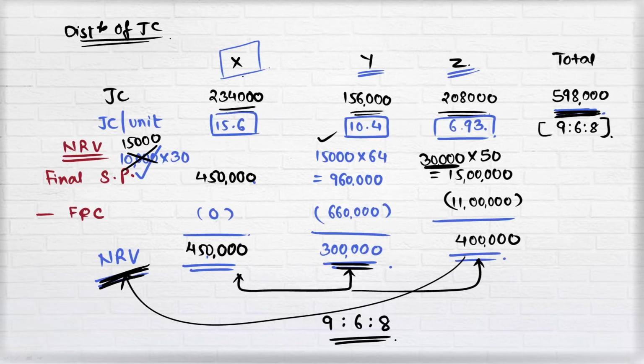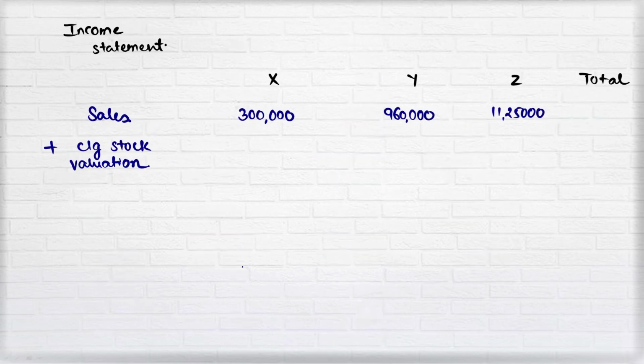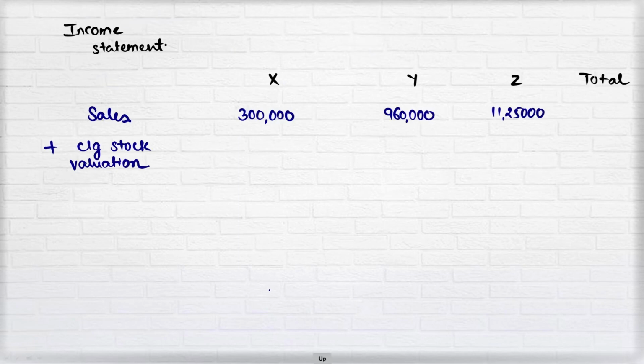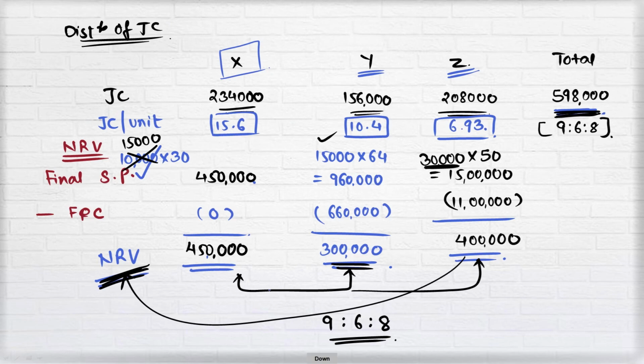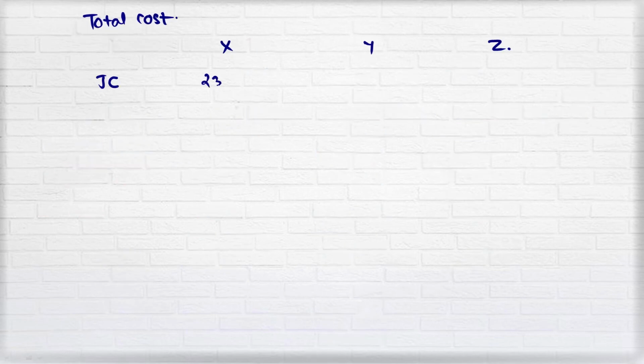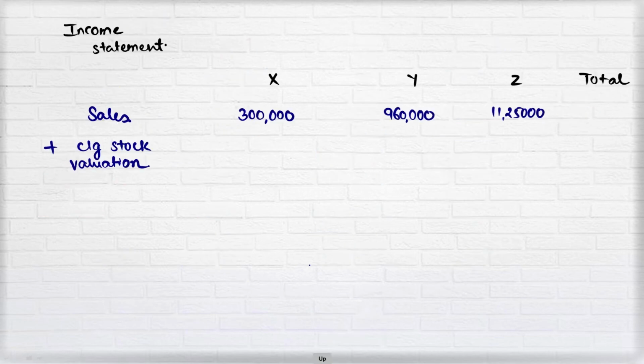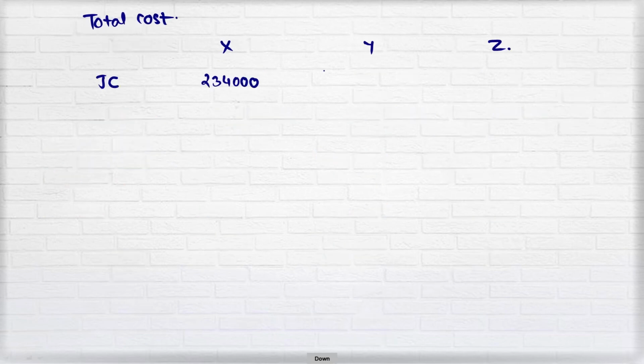All right. What is the total cost of X? First, I am finding out the total cost of X, Y, and Z. What is joint cost apportioned to X, Y, and Z? 2,34,000, 1,56,000, 2,08,000.